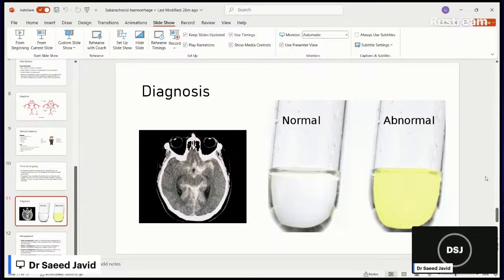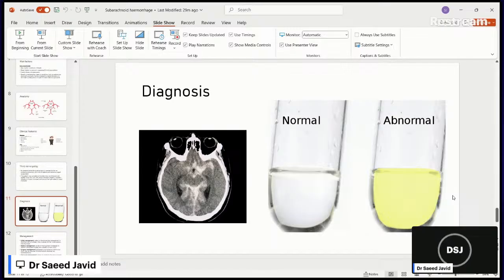So that oxyhemoglobin is converted into bilirubin, and essentially what happens is that bilirubin is going to show up as this yellow pigmentation, okay? So oxyhemoglobin itself on its own suggests a recent bleed.